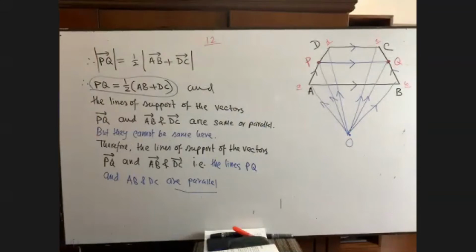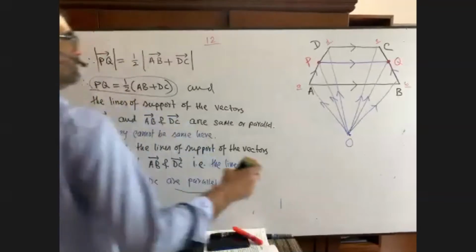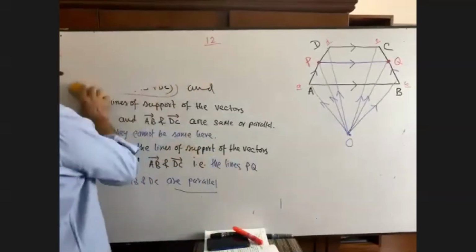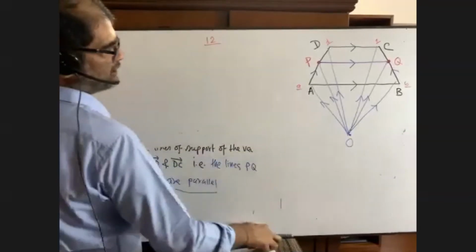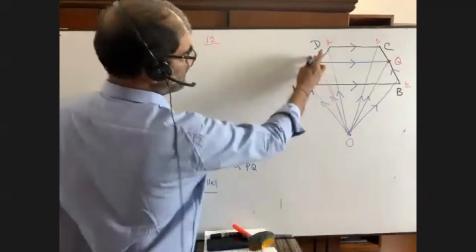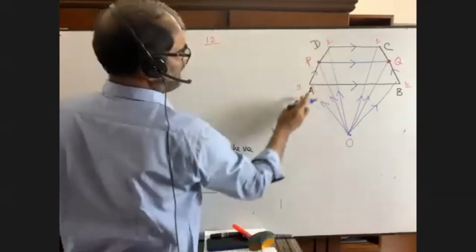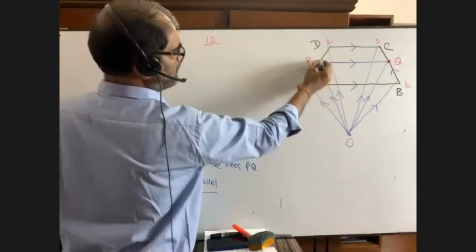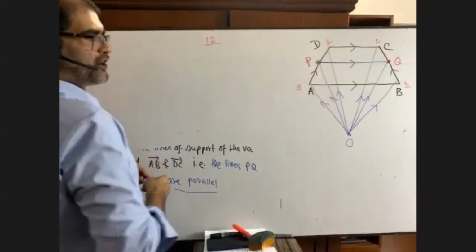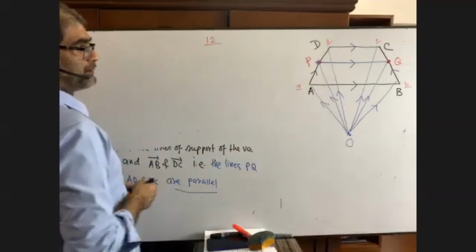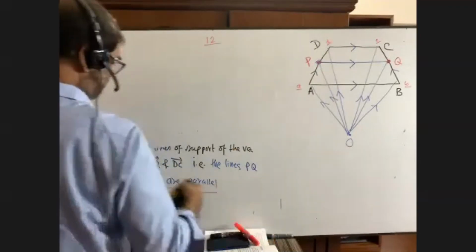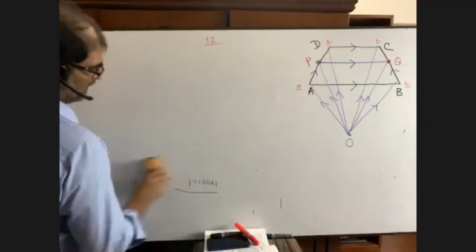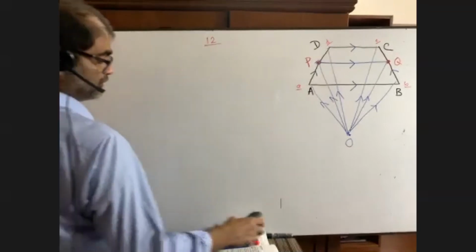Have you got me? Yes, sir. And can you remember we found OP as half of A plus D? P is the midpoint. Position vector of P. That time I showed you half of A plus D. The same thing. On the basis of that, I wrote this.